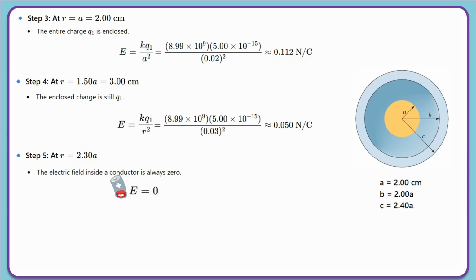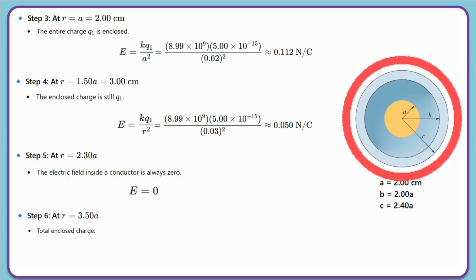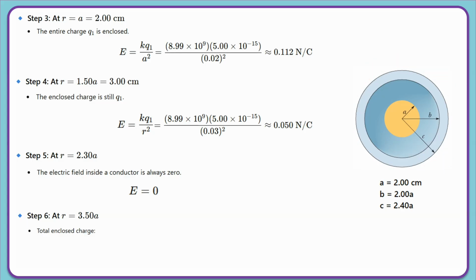Now, let's move to the final case. Step 6. Finally, consider R equals 3.5a. This point is outside the entire system. The enclosed charge is Q enclosed equals Q1 plus Q2. Since Q2 equals minus Q1, the total enclosed charge becomes 0.